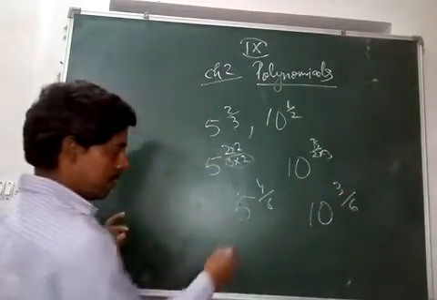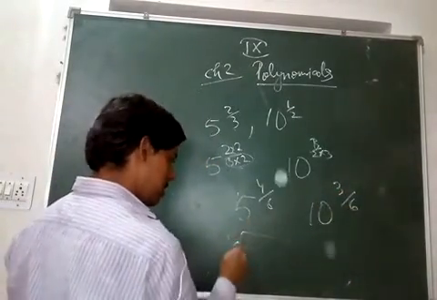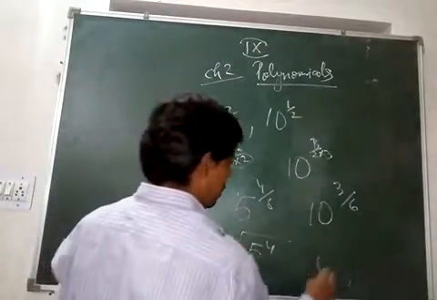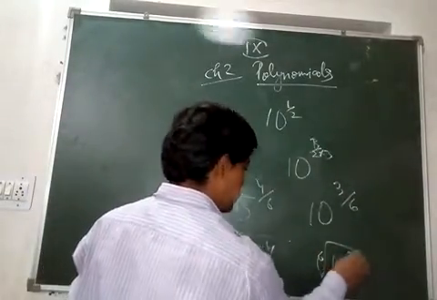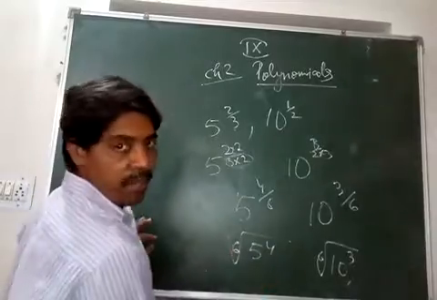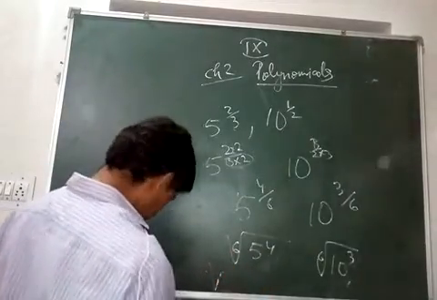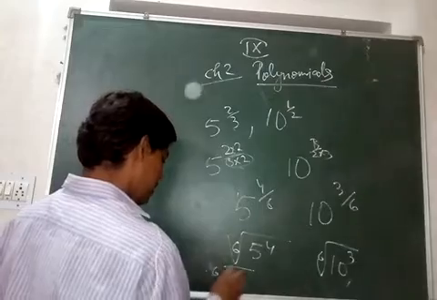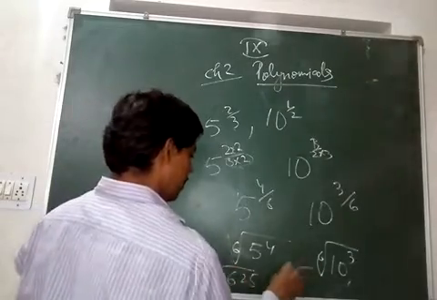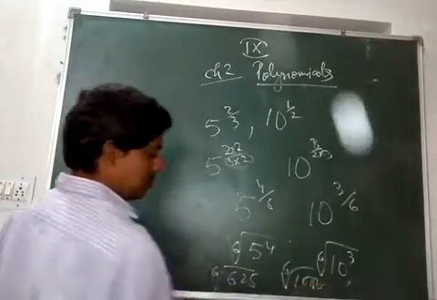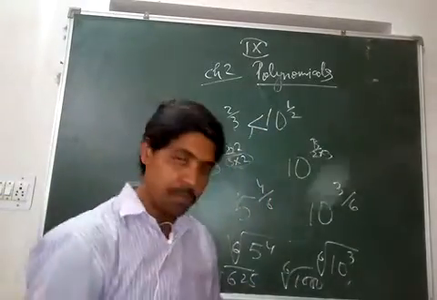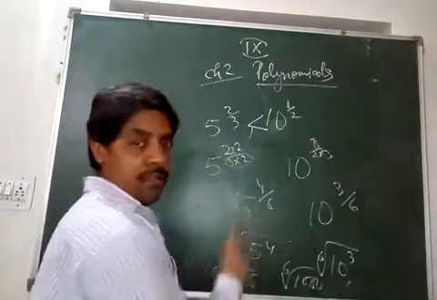So now this can be written as 6th root of 5 to the power 4, and this is 6th root of 10 cube, right? 5 to the power 4 is 5 into 5, 25, 25 into 25, 625, and 10 cube is 1000. So this is definitely greater. So you should know how to solve this kind of questions, okay?